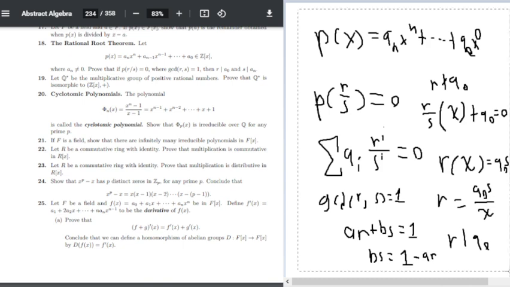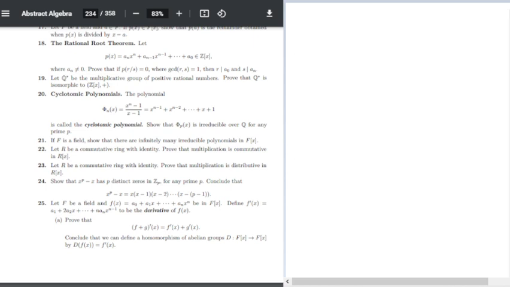Alright, let Q star be the multiplicative group of nonzero rationals. Prove that Q star is isomorphic to the integers of x plus. Okay. So we want p over q.